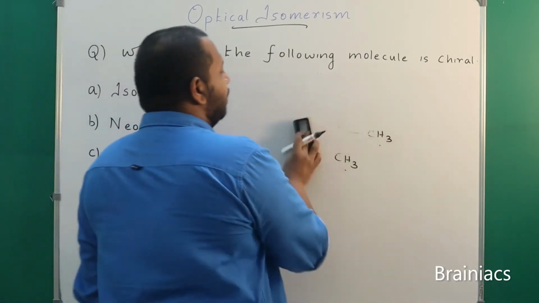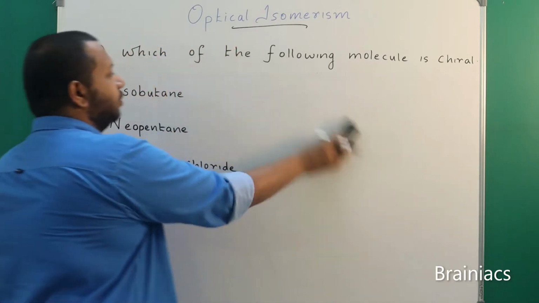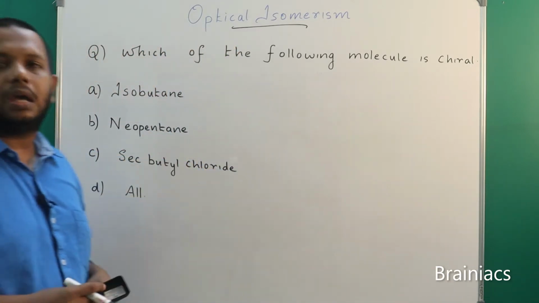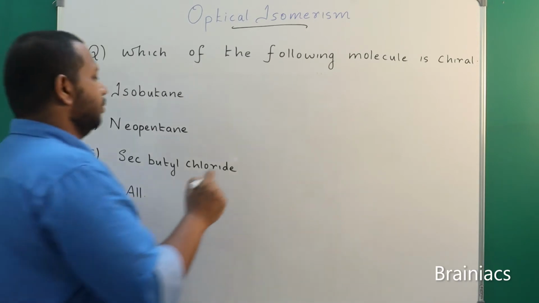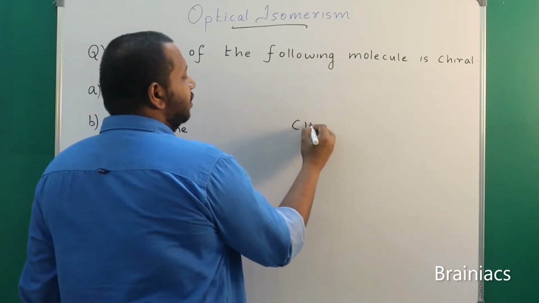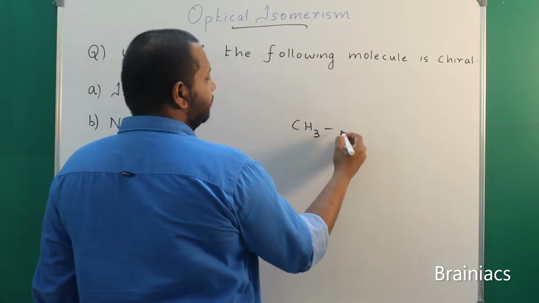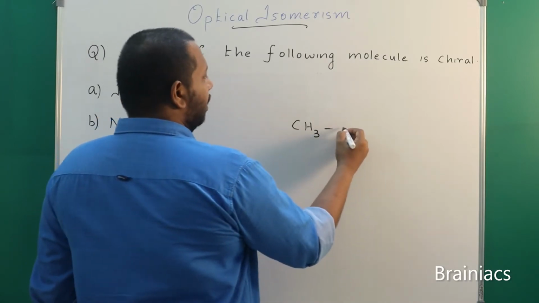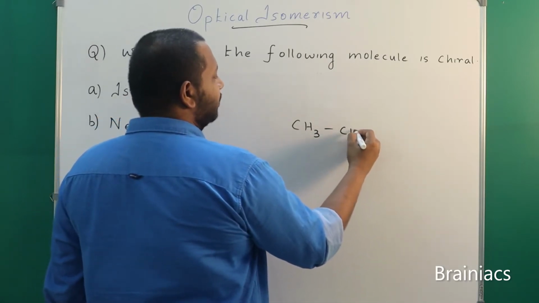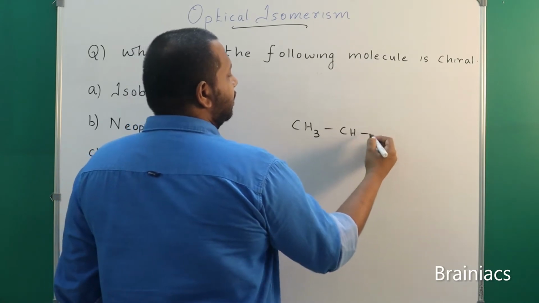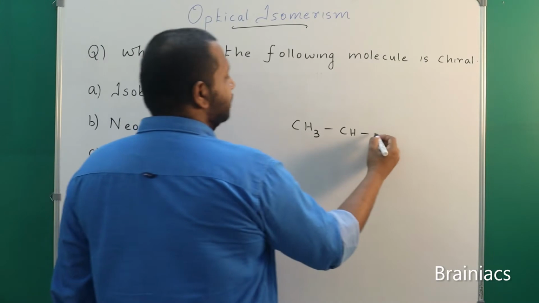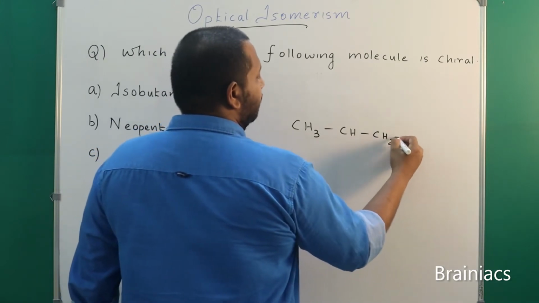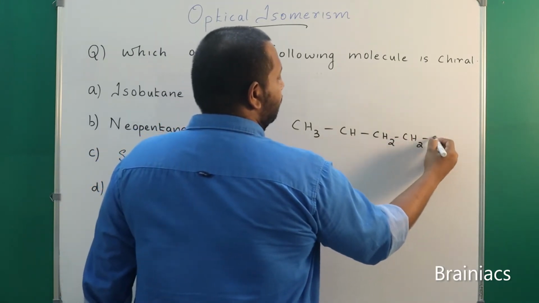Next we will try the last one, secondary butyl chloride. We can draw CH3, CH3, CH, CH2, Cl.